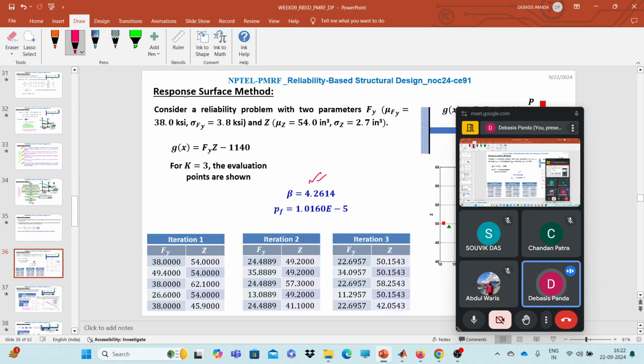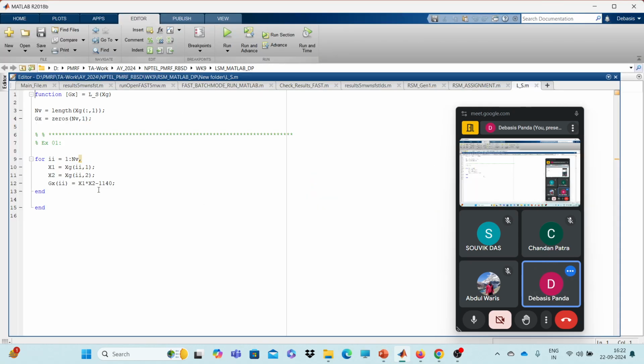We have two random variables, fy and z, so x1 and x2 minus 1140. If we provide the support points, this function file will give you that many simultaneous equations from your limit state function.